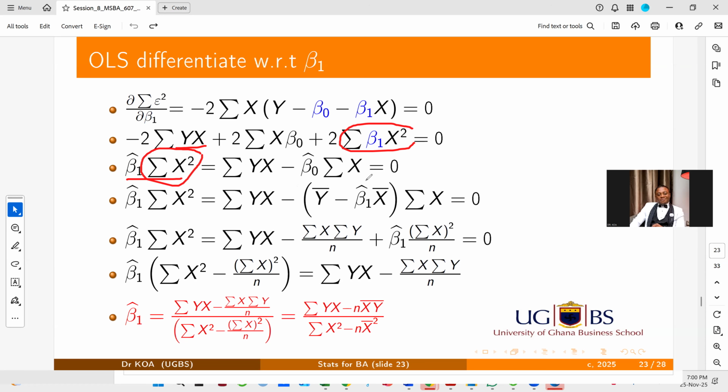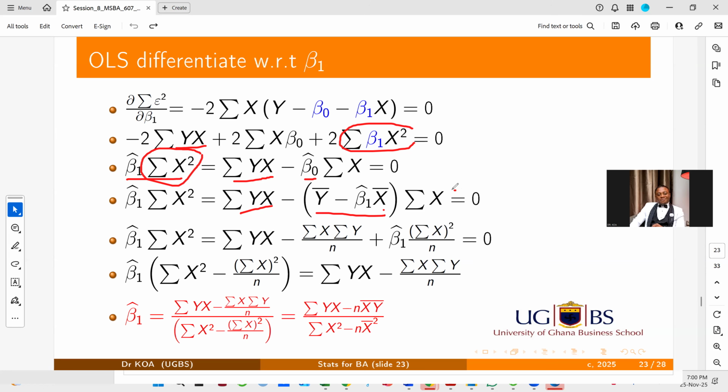First, let's do some manipulations here on the right. You see, on this right, your sigma yx is still here. But then here, this beta naught, you have sigma x. The beta naught alone, if you can remember, we had the value to be y bar minus beta 1x bar. So I'm substituting that, y bar minus beta 1x bar.